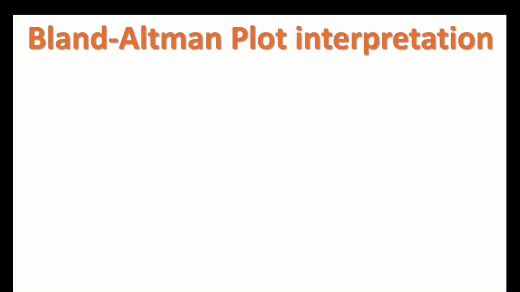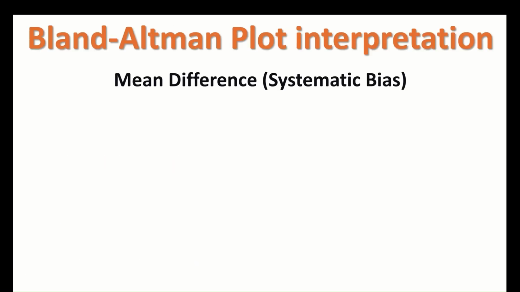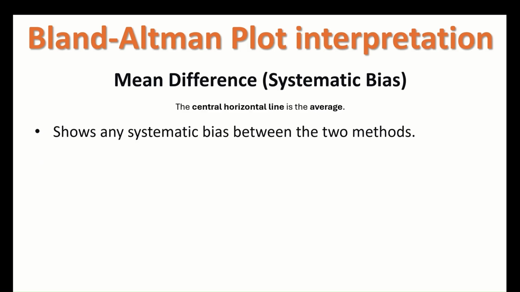For the Bland-Altman plot interpretation, we need to check the systematic bias, which is the mean difference. The systematic bias is a central horizontal line, which is the average. This line will show whether there is a systematic bias between the two methods.